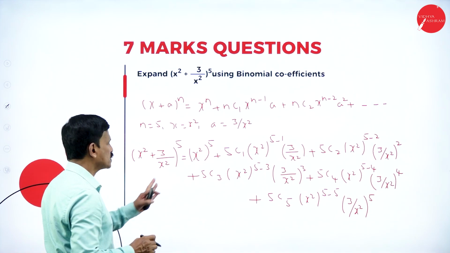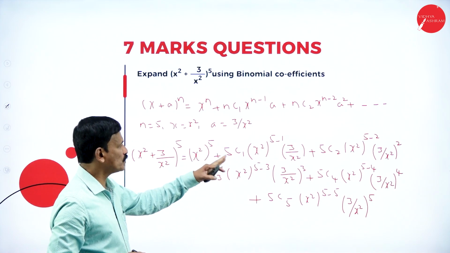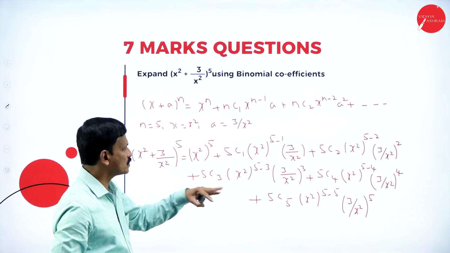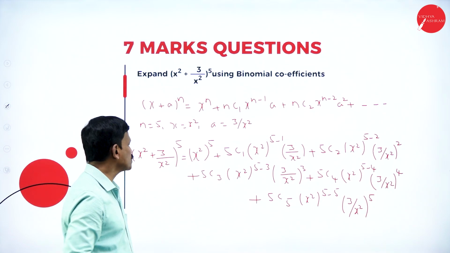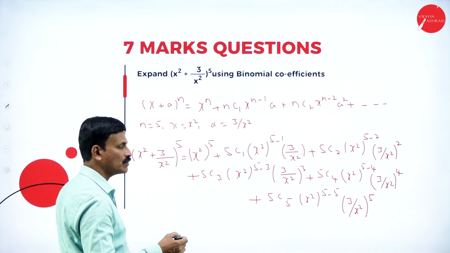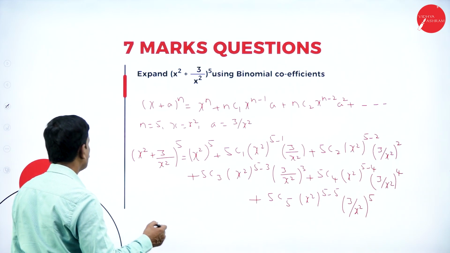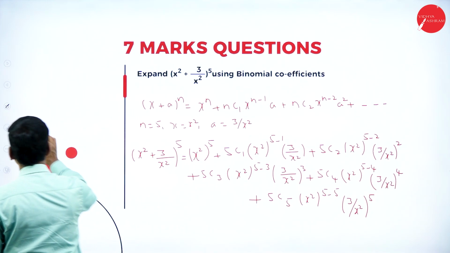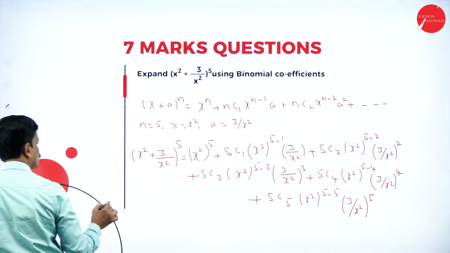Okay. So x raised to n plus 5C1 x to the power of n minus 1 into a, 5C2 x to the power of n minus 2 into a square, etc. The last term is 5C5 x square whole raised to 5 minus 5 and 3 by x square whole raised to 5. Now just find out the value of 5C1, 5C2, 5C3. So you know what is the value of 5C1? Let me write.